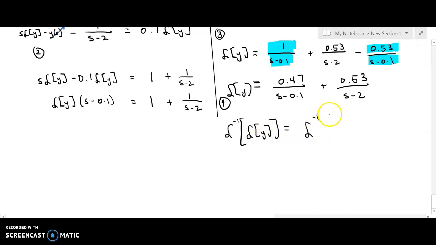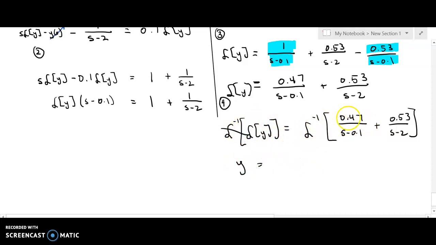So the Laplace inverse of 0.47 over s minus 0.1 plus 0.53 over s minus 2. Now the inverse Laplace of the Laplace of y is just going to give me back y. The inverse and the Laplace cancel each other out.